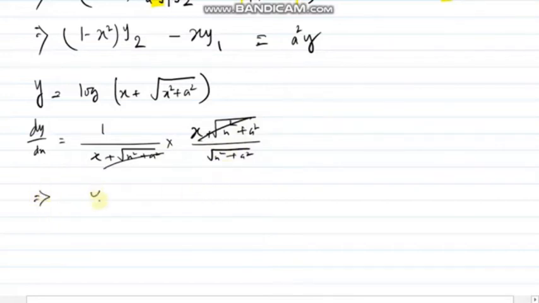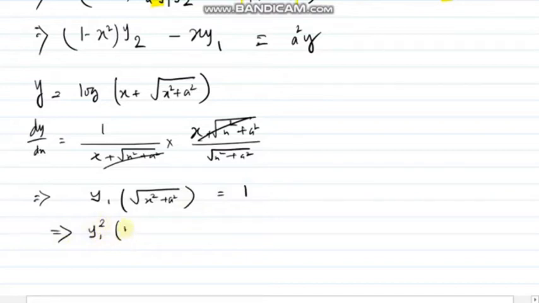So again, y1 into root over of x square plus a square equals 1. Squaring it, I will get this thing equals 1, it will remain as 1.